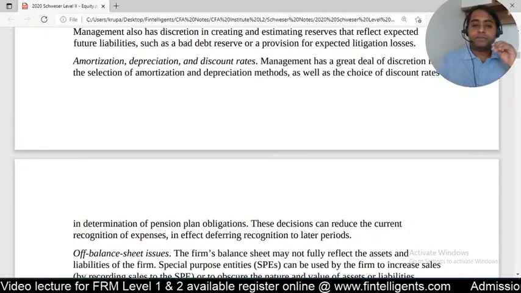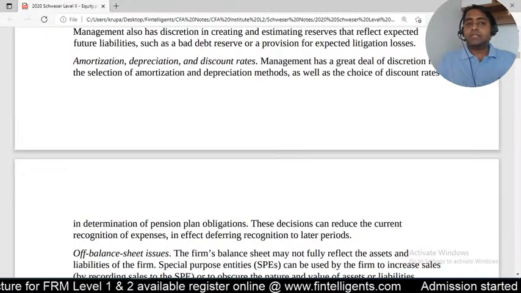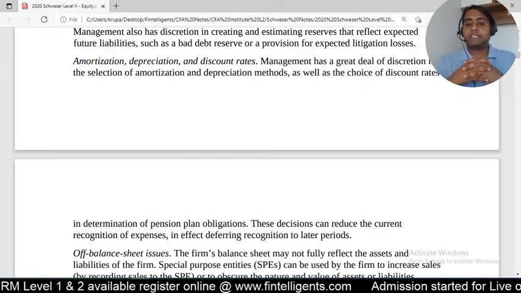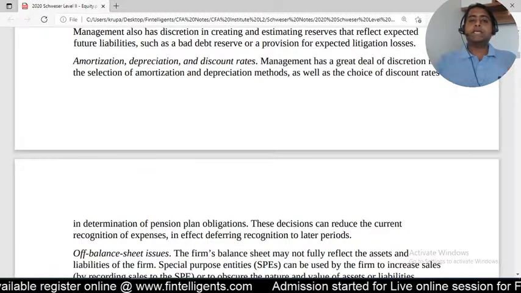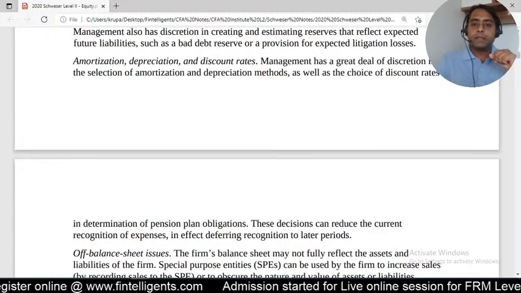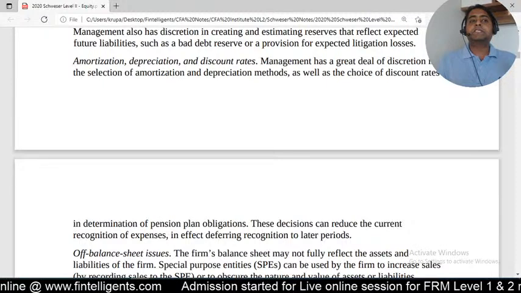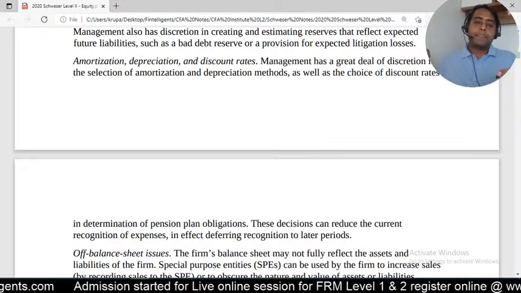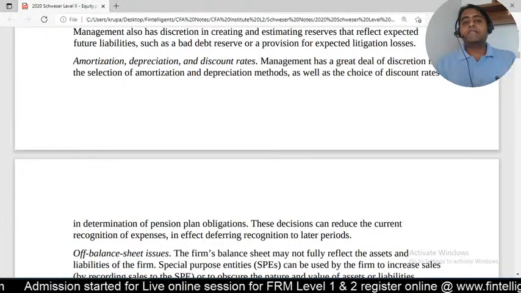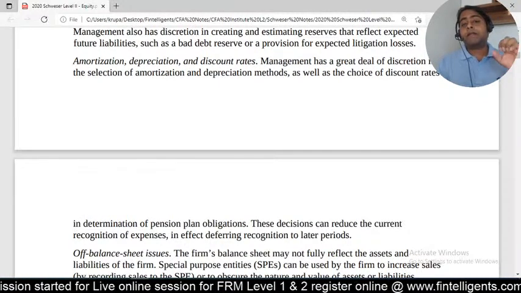That is depreciation. Okay, amortization, like I said, you are capitalizing an expense, you are taking it to the balance sheet, and you are amortizing it over a period of time. Suppose I'm Flipkart, I have a lot of marketing expenses because I give a lot of goods at a lower price to my customers. Okay, because I give a lot of discounts to my customers. Now those are all my marketing expenses.